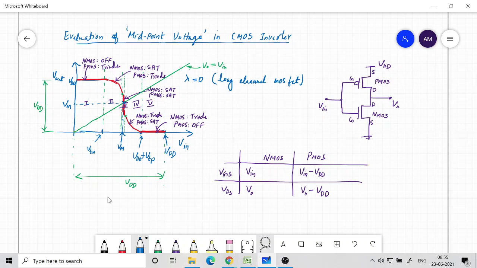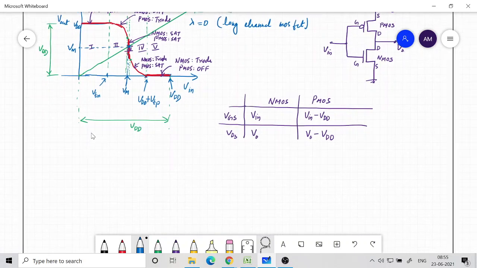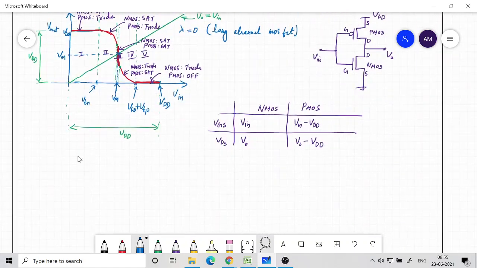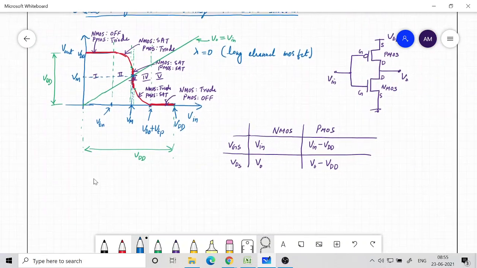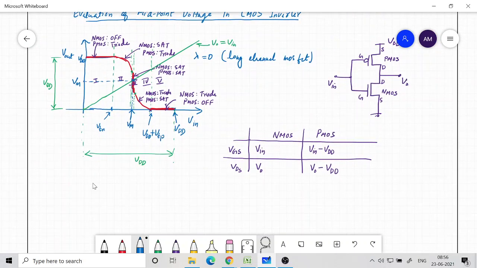So assuming a long channel device, we will find it out. So what are the equations for current? We are not putting any external load capacitor.